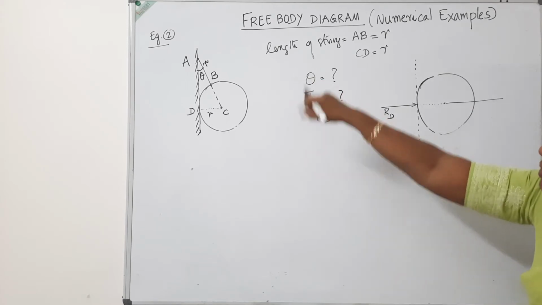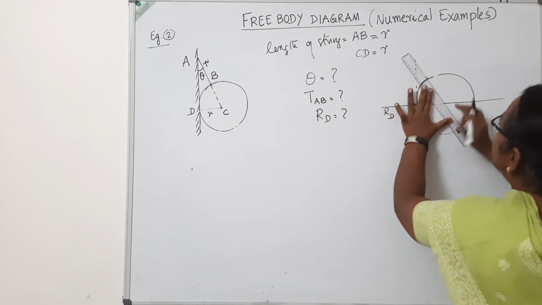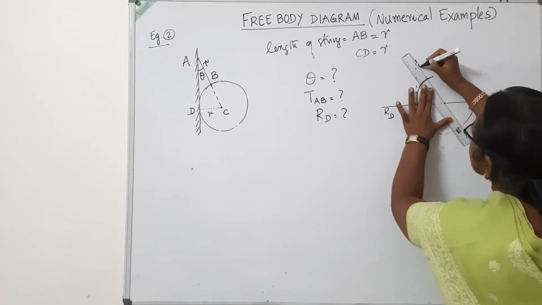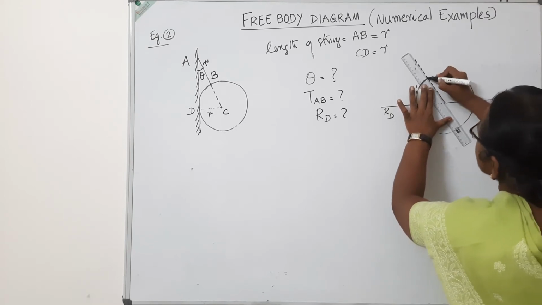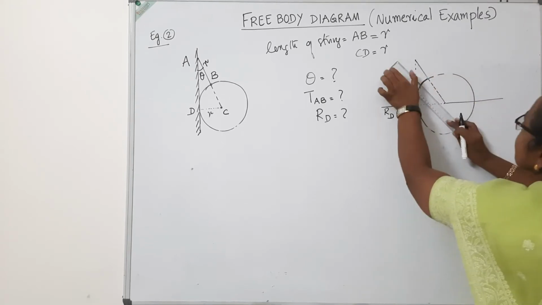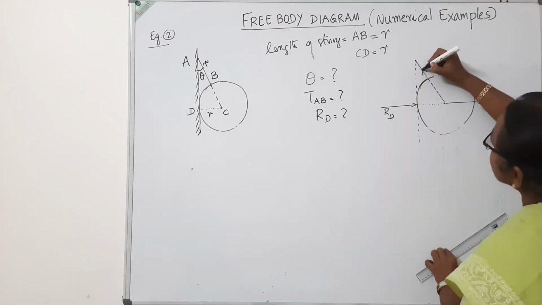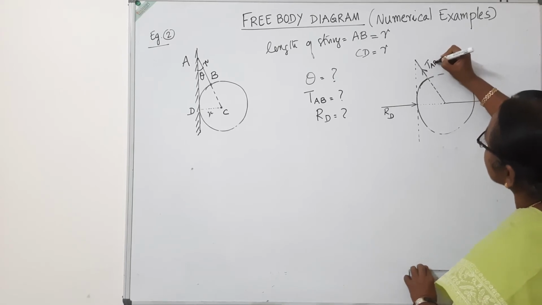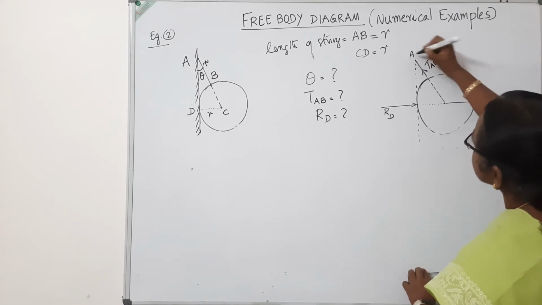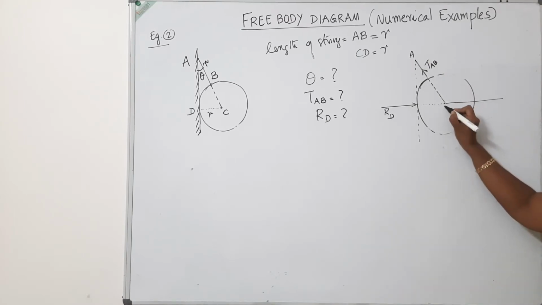Then the tension in the string, this is the direction of string. So the tension in the string will be acting in this direction. This is tension in the string AB. This point is A. So the tension in the string will be acting away from the joint. It will be acting away from the center.